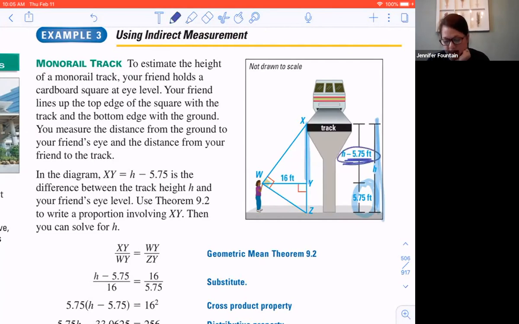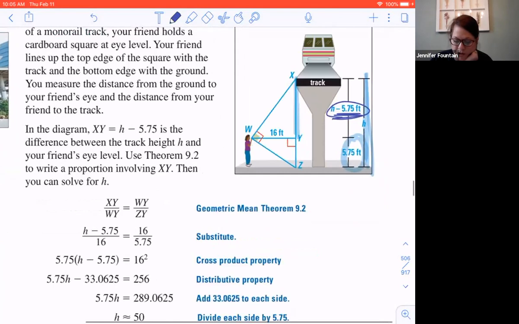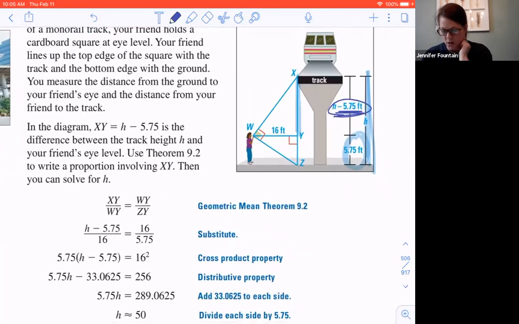Okay, and it says, so now we can write our proportion using Theorem 9.2, where I'm going to have my segment over the altitude is equal to altitude over segment.